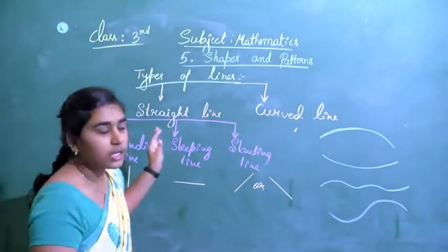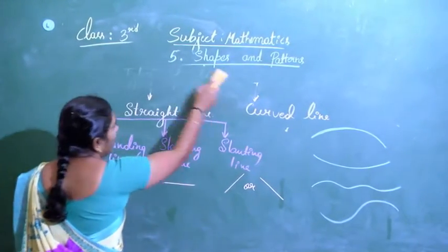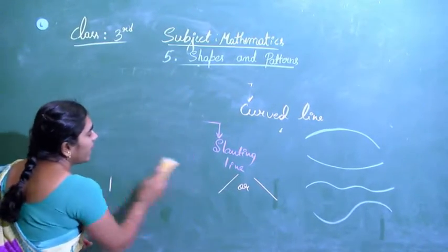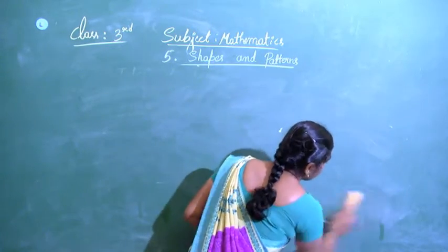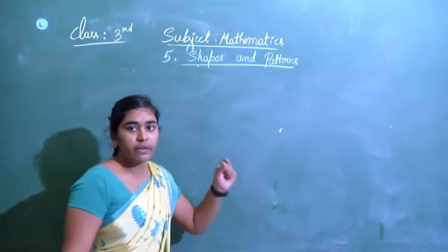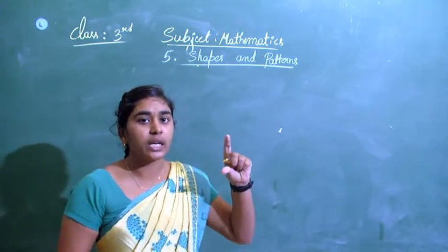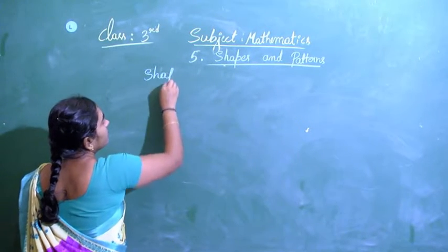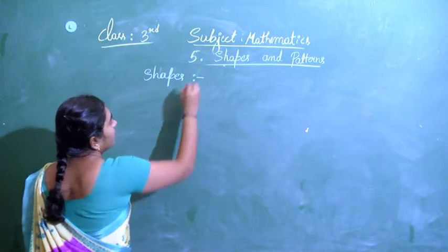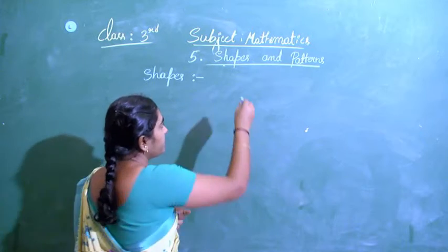Now coming to the shapes. In shapes also we have two types. Which are those? One will be very thin and one will be thick. Which is the thin one in shapes? In shapes also we have two types.